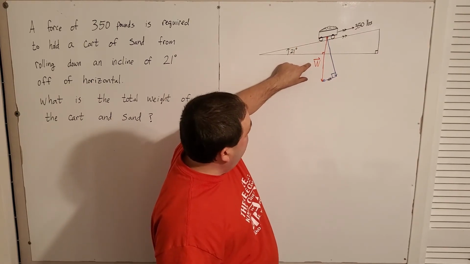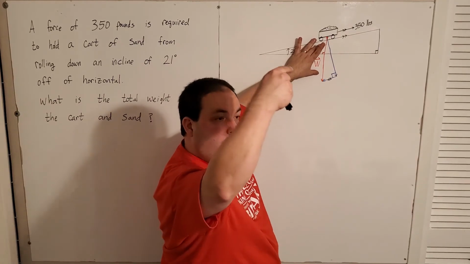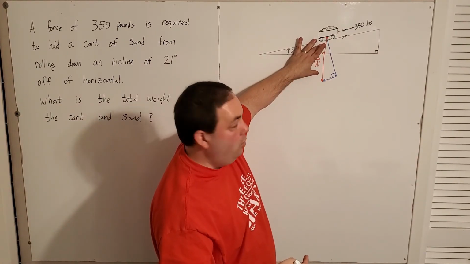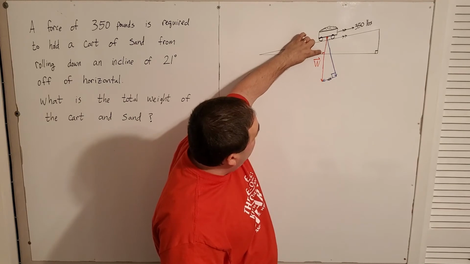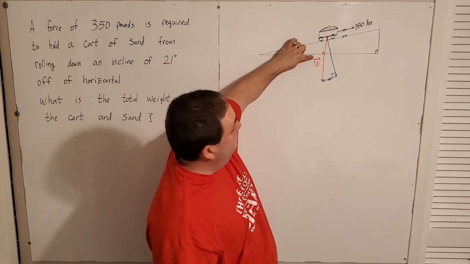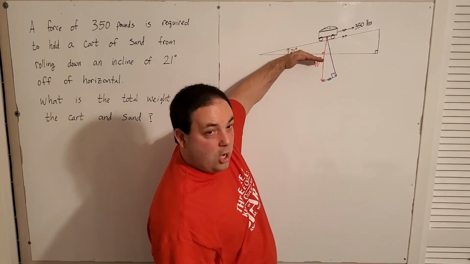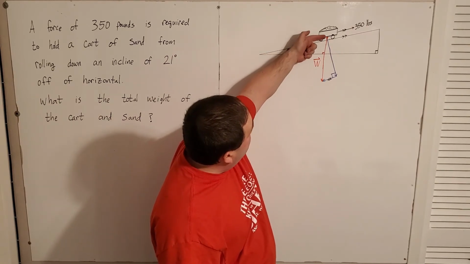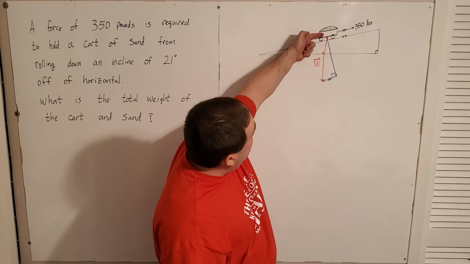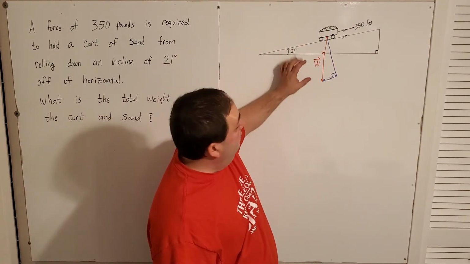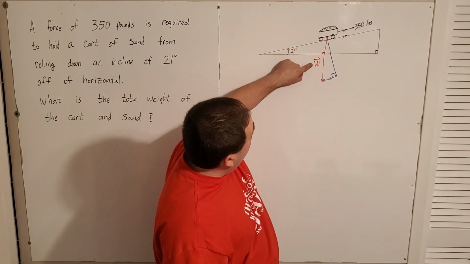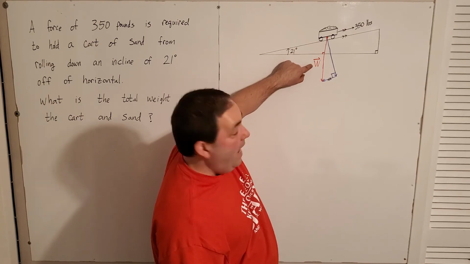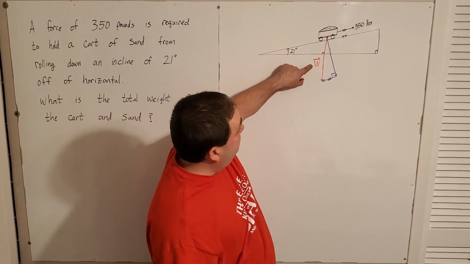Just the magnitude of this vector pointing straight down into the earth, which is why I have it at a right angle to the horizontal, right? The horizontal here represents the earth. The incline, of course, is the thing that the cart is on. And the weight is basically your gravitational vector of a certain size. And so what I really want to compute is the magnitude of this W vector here.